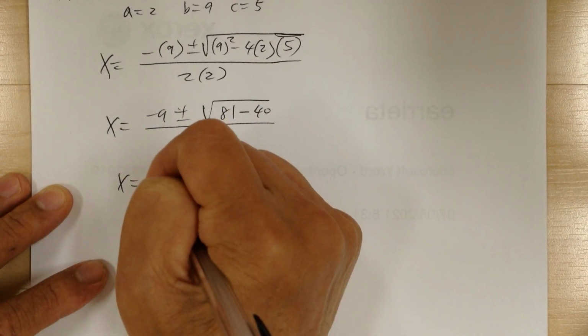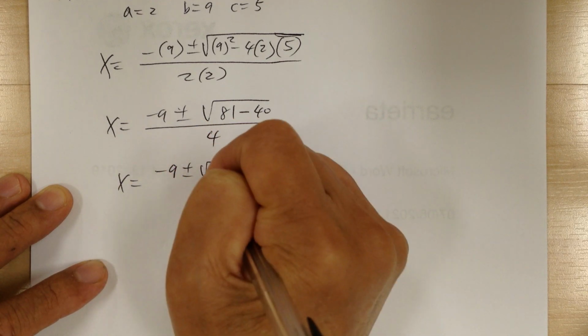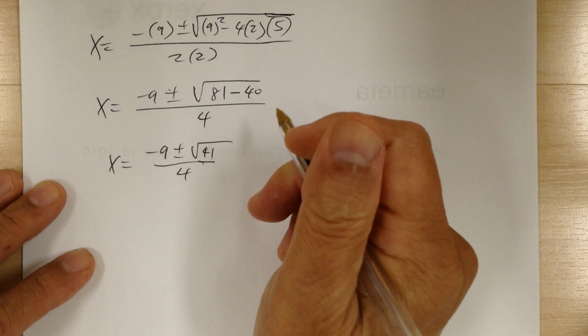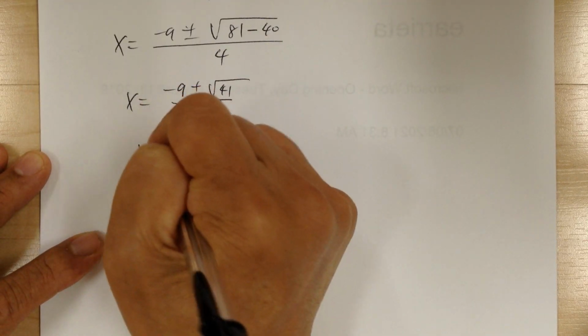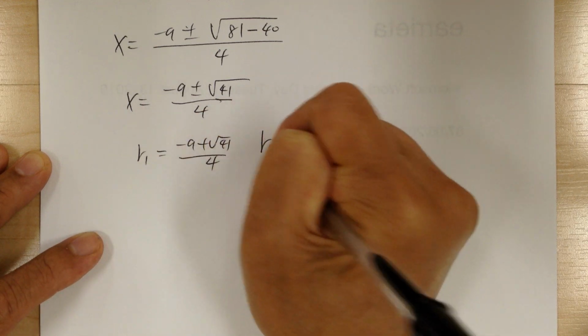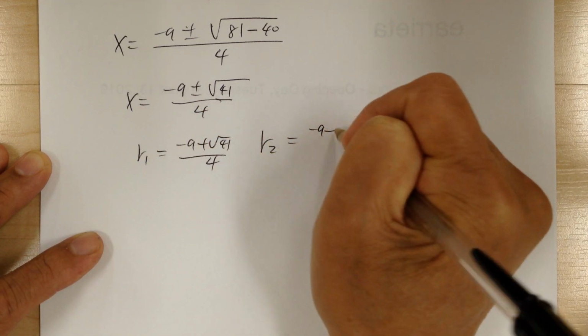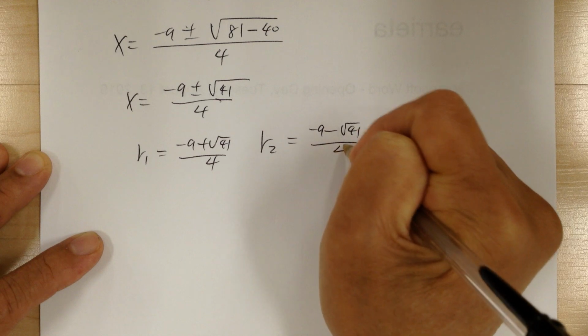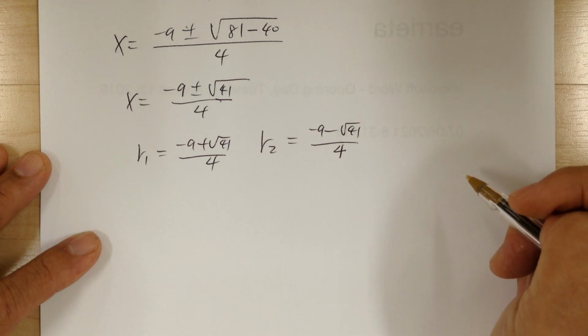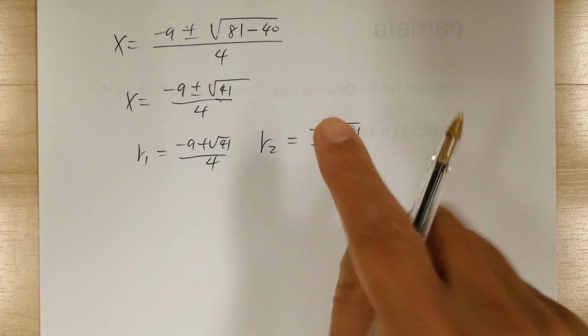So x will equal negative 9 plus or minus the square root of 41 over 4. Okay? So in this case, R1 equals negative 9 plus the square root of 41 over 4, and R2 equals negative 9 minus the square root of 41 over 4. Okay, so now they want you to check your answer.